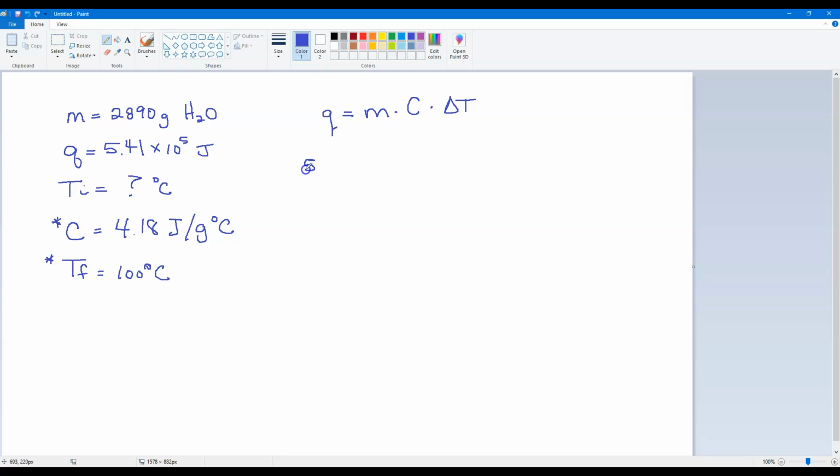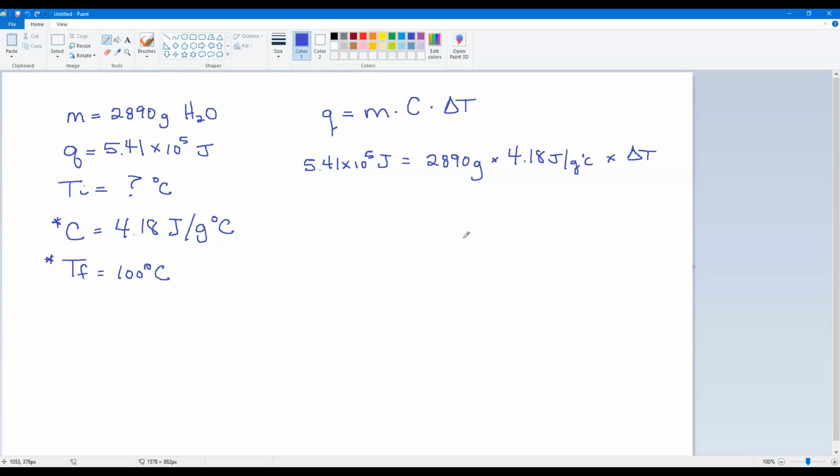Q is equal to 5.41 times 10 to the 5 joules, equal to my mass, which I can keep as grams, times my heat capacity, which is 4.18 joules per gram per degree Celsius, and then times my change in temperature.